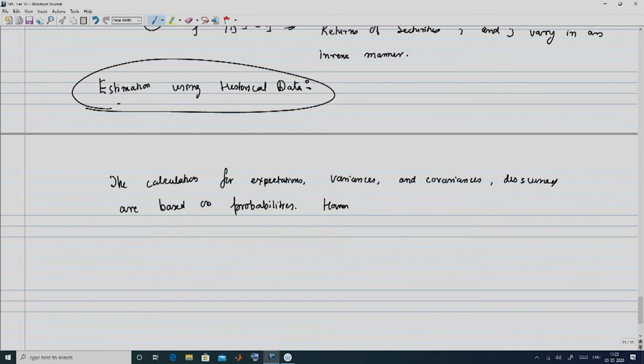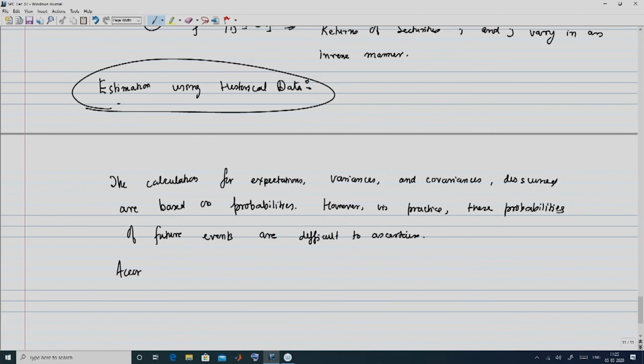However, as I have already mentioned, from a practical point of view, these probabilities, that means the probability p subscript s of future events, are difficult to ascertain.